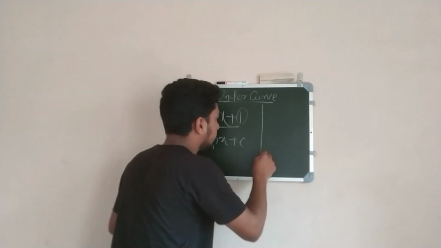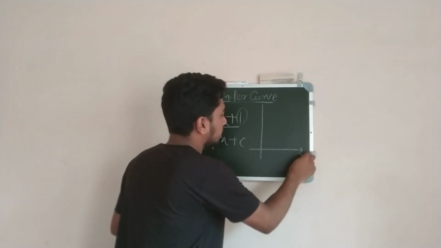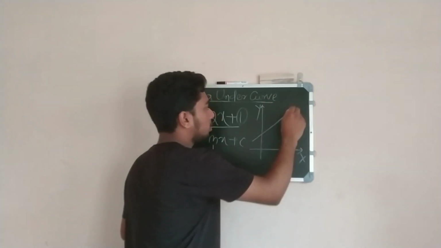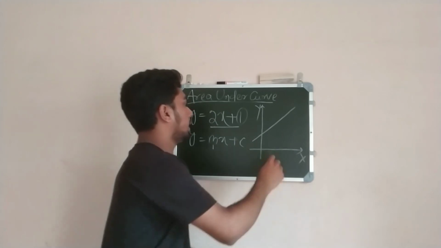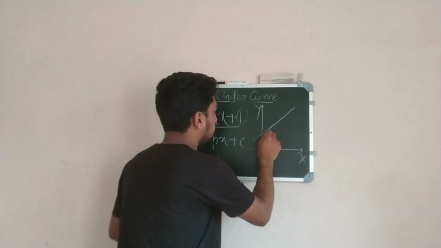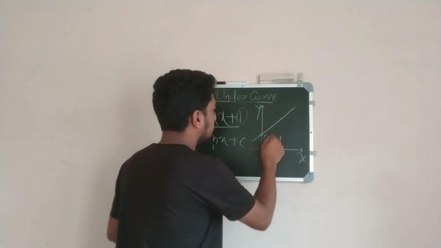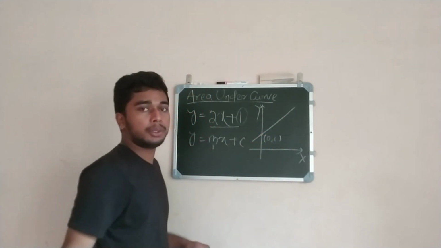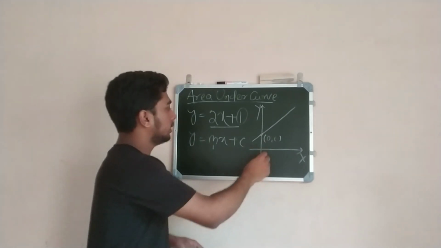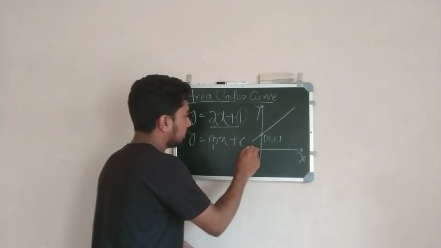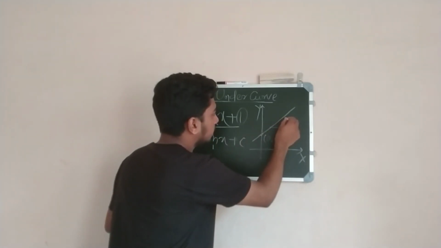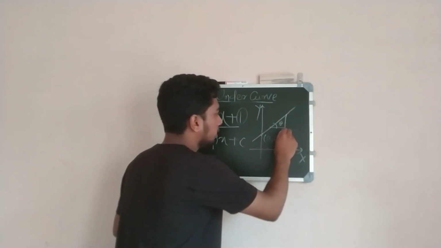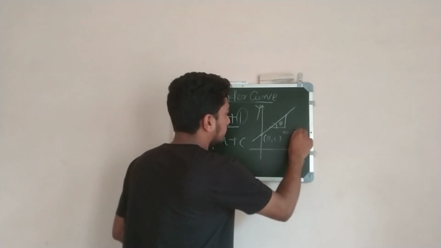I mean, if this is our coordinate axis and I draw a straight line in this fashion, and this straight line intersects our y-axis at the point 0, c, then the equation of the straight line will be this. What is m? m is just the slope of the line. So slope m is equal to tan theta.